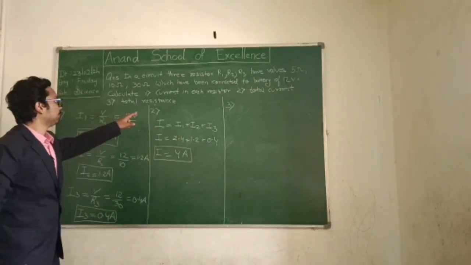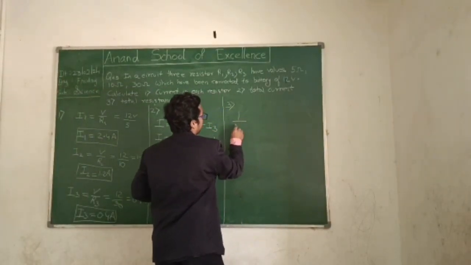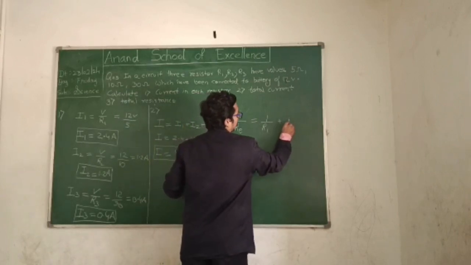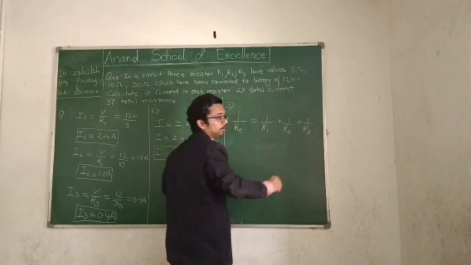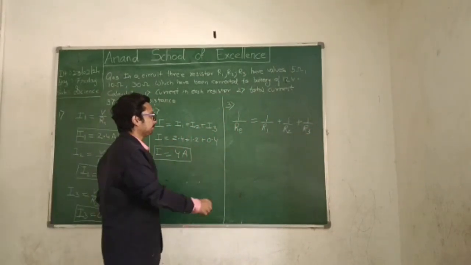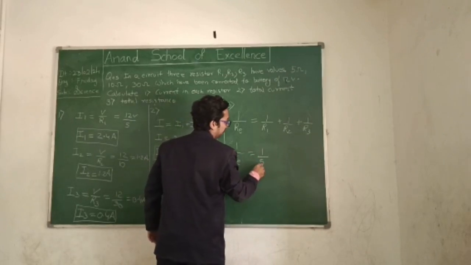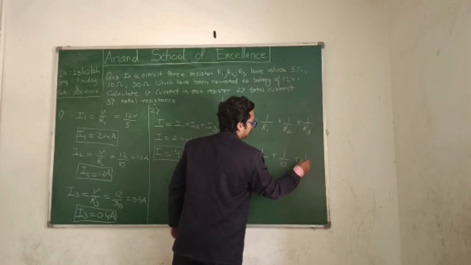Now third, we have to find total resistance. So by applying the derived equation, 1 upon R is equal to 1 upon R1 plus 1 upon R2 plus 1 upon R3, we get the total resistance of the circuit. So 1 upon Re is equal to 1 upon 5 plus 1 upon 10 plus 1 upon 30.